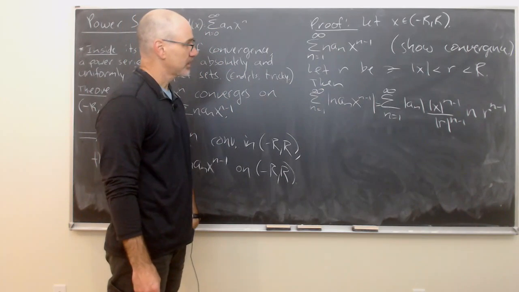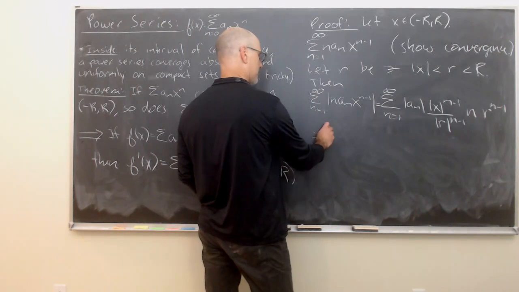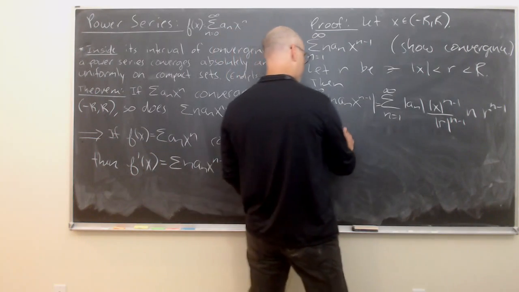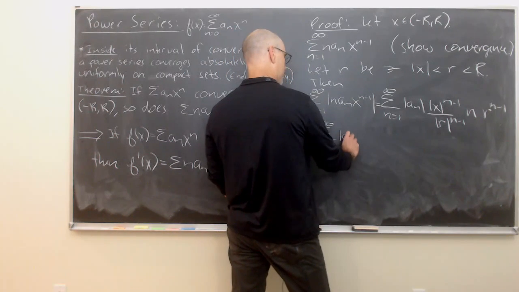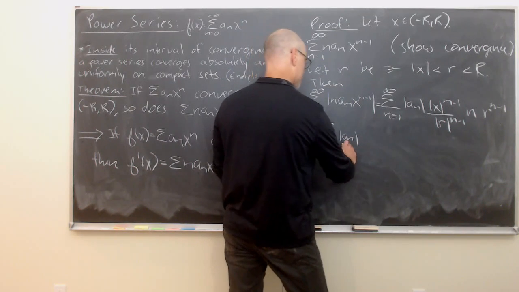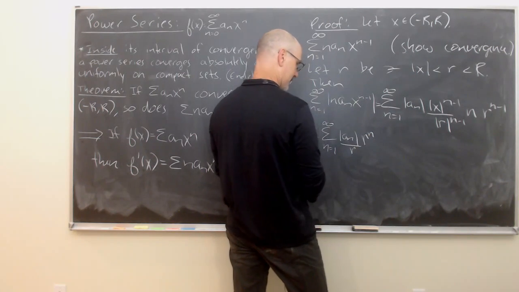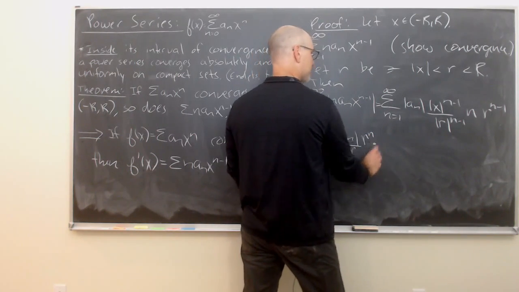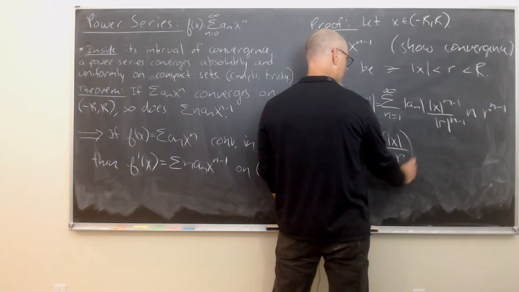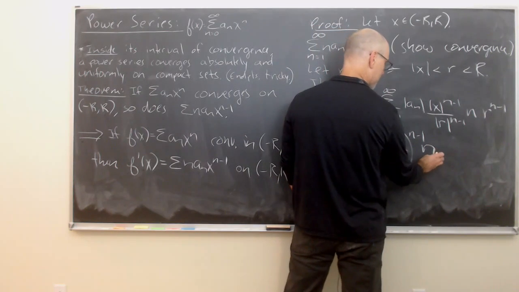All right, now the reason that this is useful, let me do one more step here. So this is absolute a_n over r times r to the n, times the absolute value of x over r to the n minus 1, times n.